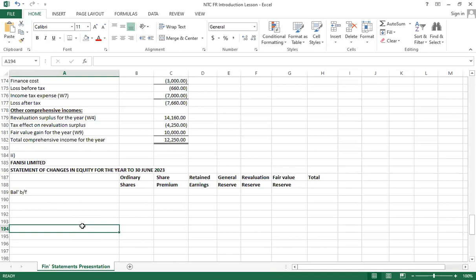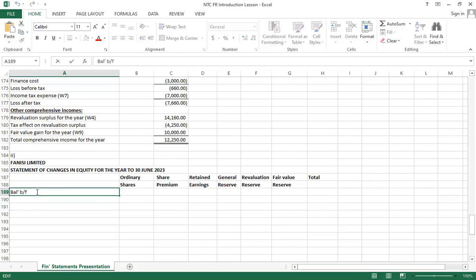And the brought forward balances we had agreed that you get from the trial balance. You go back to the trial balance and get them from there.